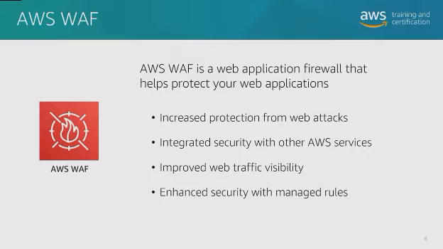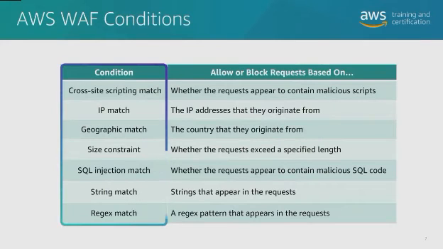AWS WAF provides improved web traffic visibility as well as enhanced security with managed rule sets you can decide on. There are a variety of conditions you can put into play as you set up and actually control what traffic to allow through the WAF.